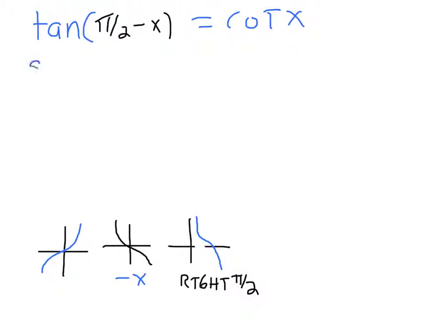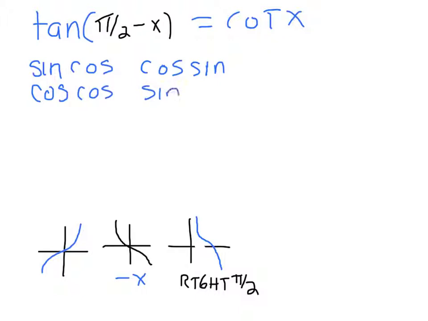So tangent is sine over cosine. And sine goes sine, cosine, cosine, sine. And cosine goes cosine, cosine, sine, sine. And sine always has the same sign and cosine always has the opposite sign.